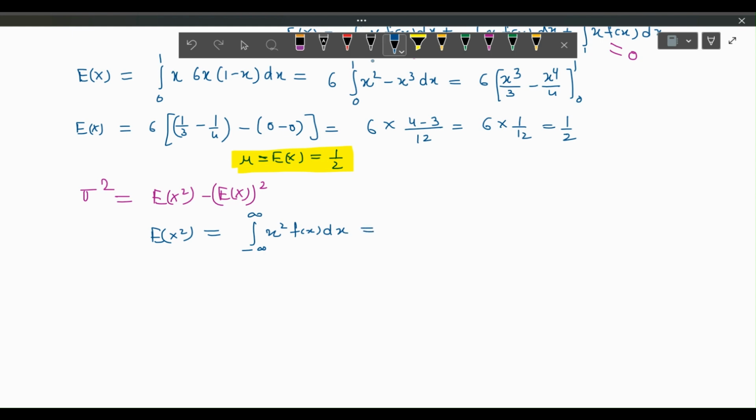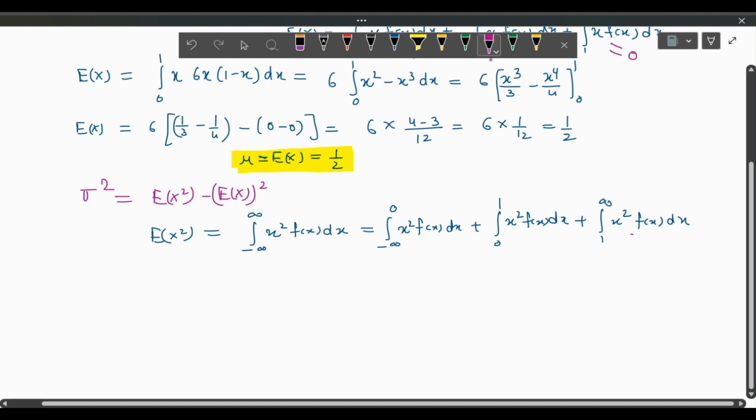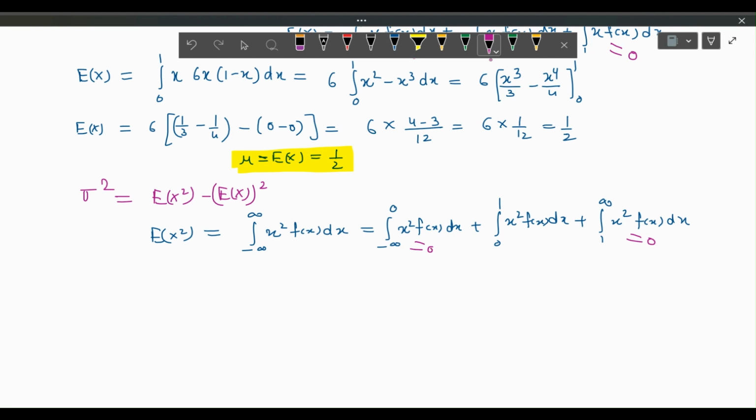Again only one integral survives, from 0 to 1, so we can split this integral from minus infinity to 0, from 0 to 1, plus 1 to infinity of x square f(x) dx. The values of these two integrals are 0, again from the same fact, because the functional value is defined as 0 in these two intervals.